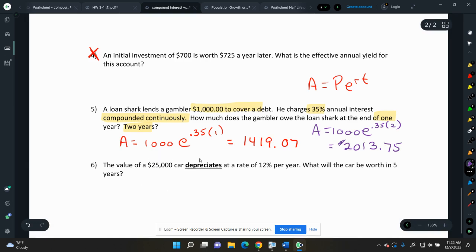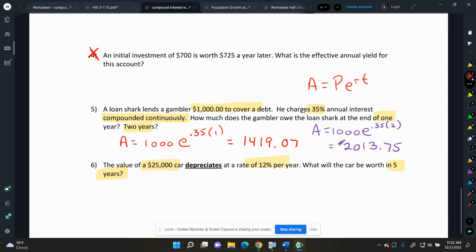Okay. Last part is a little tricky. The value of a $25,000 car depreciates at a rate of 12% per year. What will the car be worth in 5 years? Okay. So if it depreciates, we're talking about a decay, right?